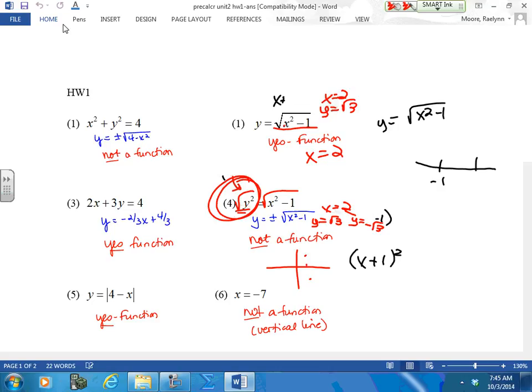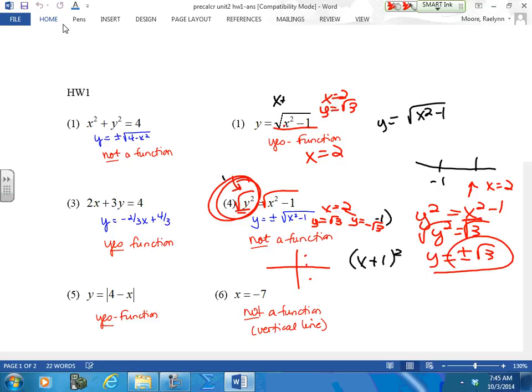If I didn't square this and left it like this, and I put x is 2 in here, 4 minus 1 is 3. How do you solve for y? Square root. When you take the square root, there's your plus and minus. So this one x has 2 y's that belong to it. If it has 2 y's that belong to it, it is not a function.